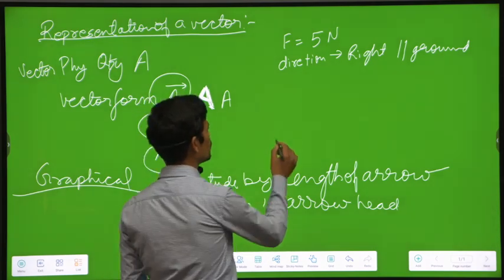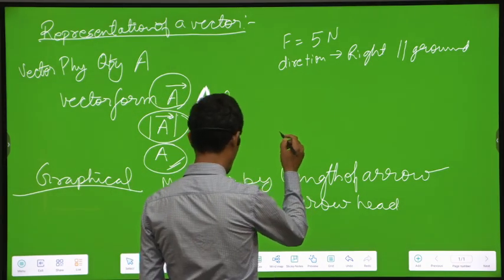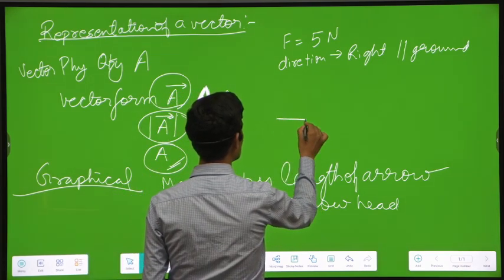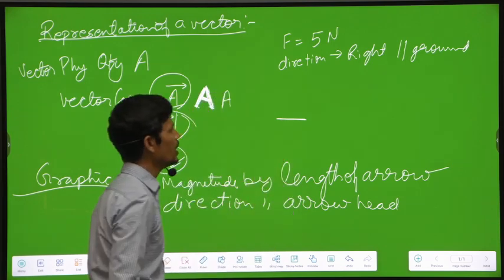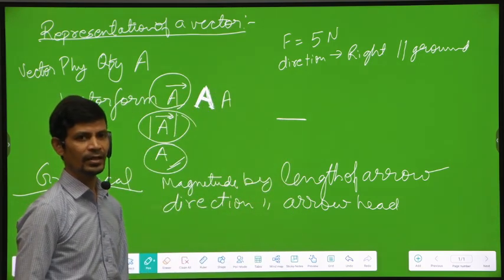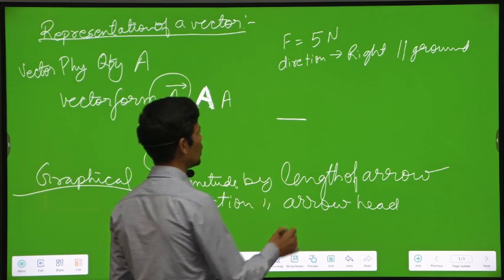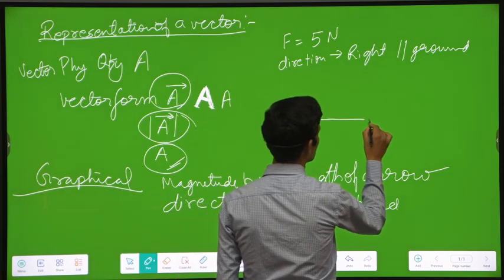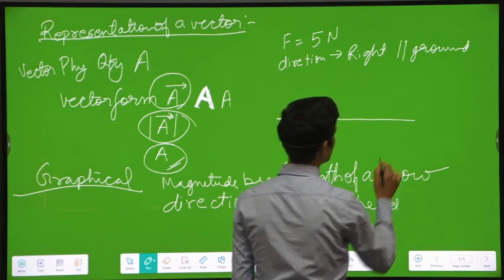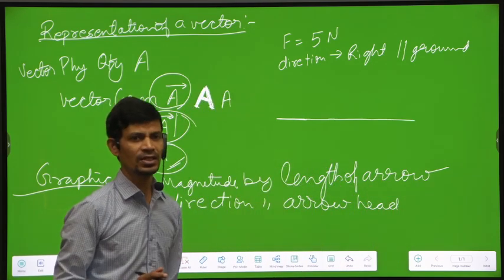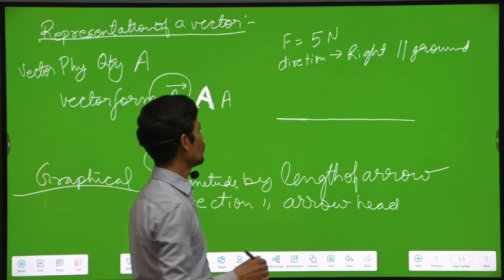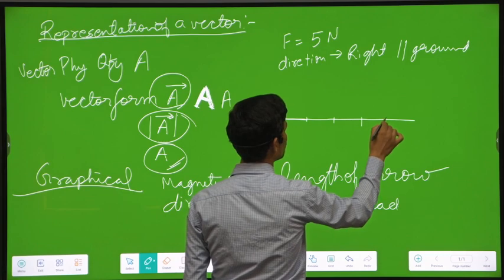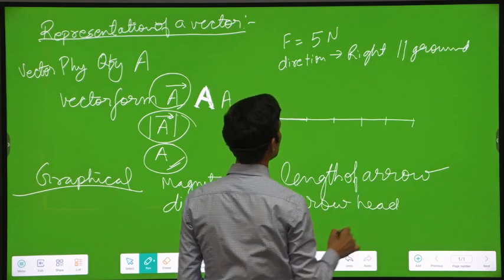So let us suppose this is 1 Newton, so I have to take 5 such lengths, 5 units: 1 unit, 2 unit, 3 unit, 4 unit and 5 unit.